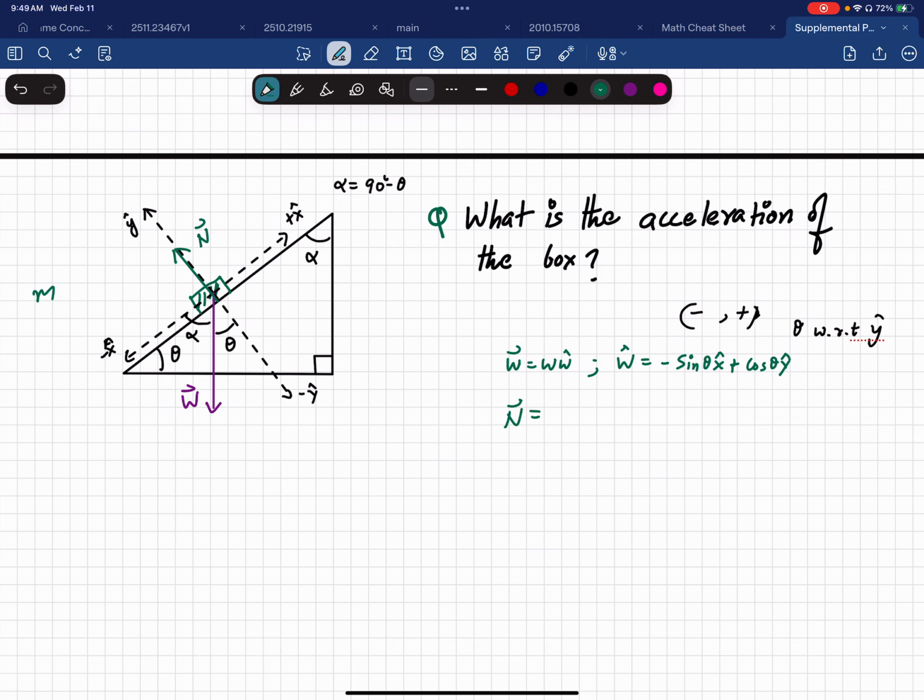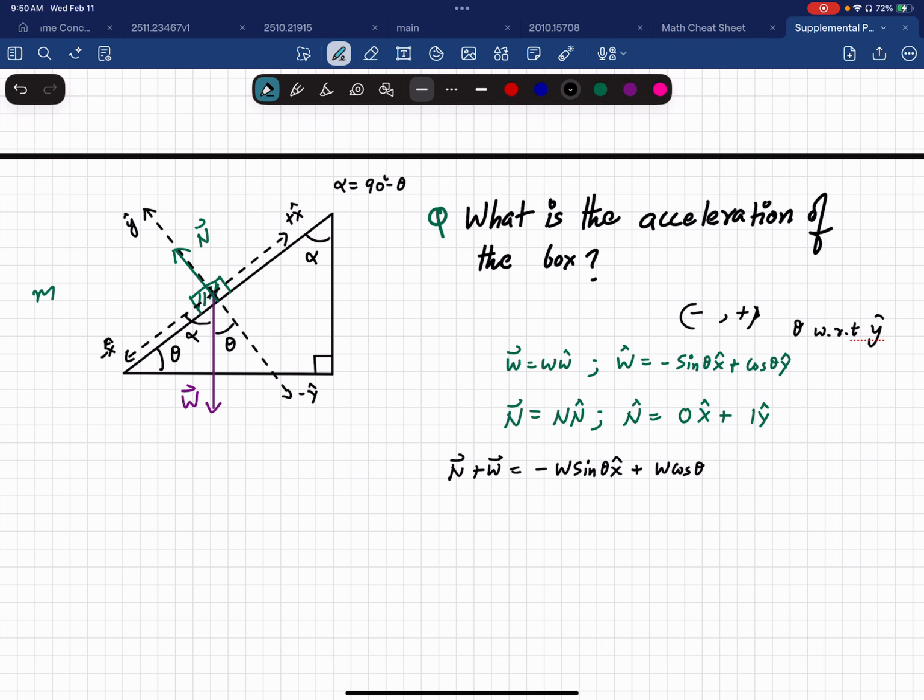Now, the normal case is very simple. X hat and then y hat. So the net sum of the forces comes out to be negative w sine theta x hat plus w cos theta.